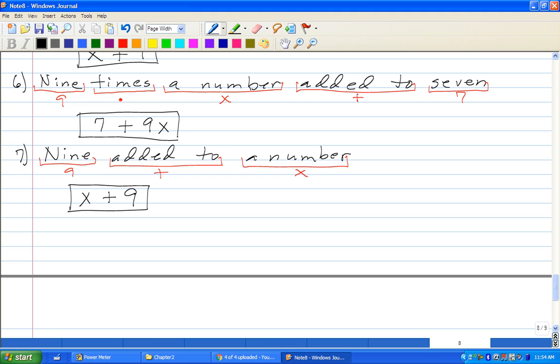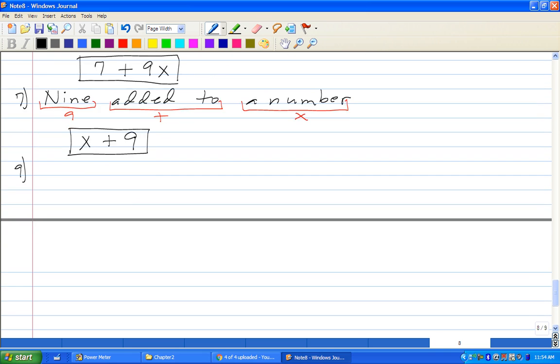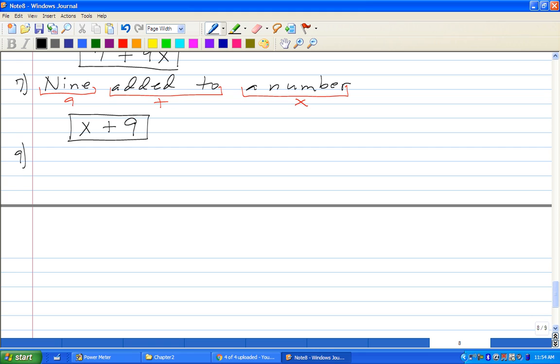Let me do problem number 9. The quotient of 11 and a number.